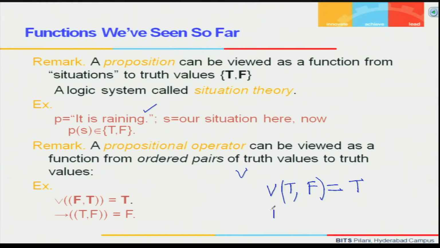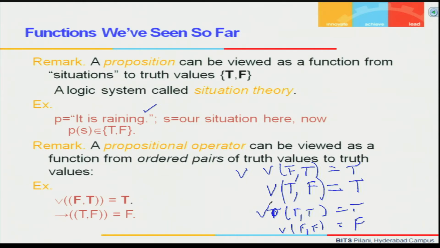And for 4 different values: OR of true, true is true, OR of true, false is true, OR of false, true is true, OR of false, false is false. These are operators. That is how we have studied in propositional logic.